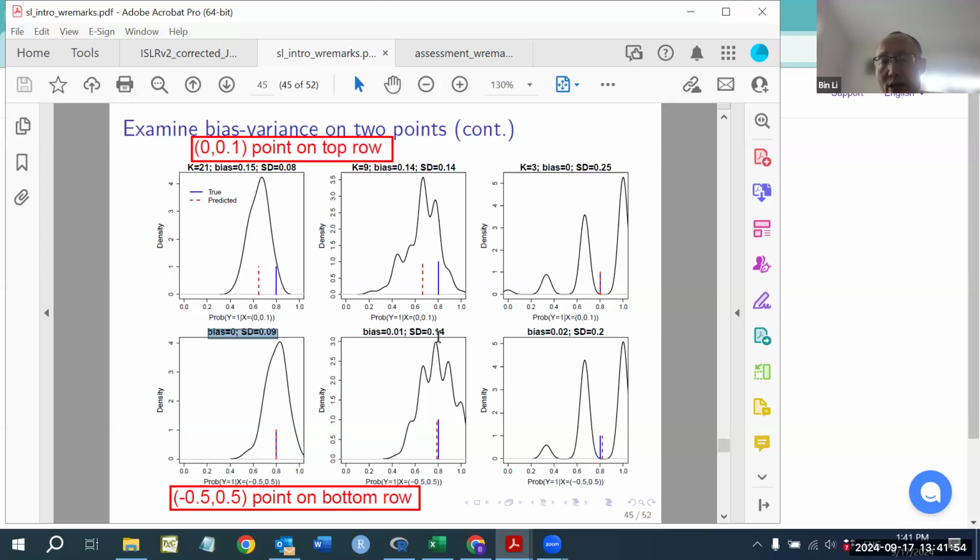And when we reduce the K, meaning we increase model complexity, the bias actually kind of increased. Why? Because this is the easy point. We don't need too complicated models for that easy point. But in general, the bias variance trade-off still holds. Not just for this point, if we consider all the points, the bias variance trade-off always holds.